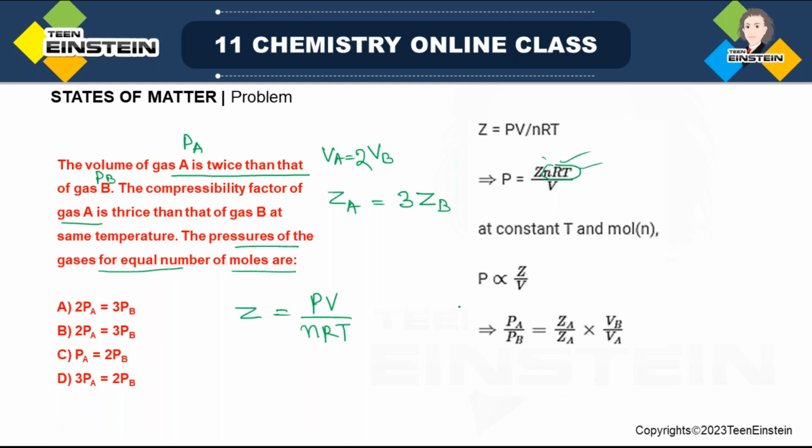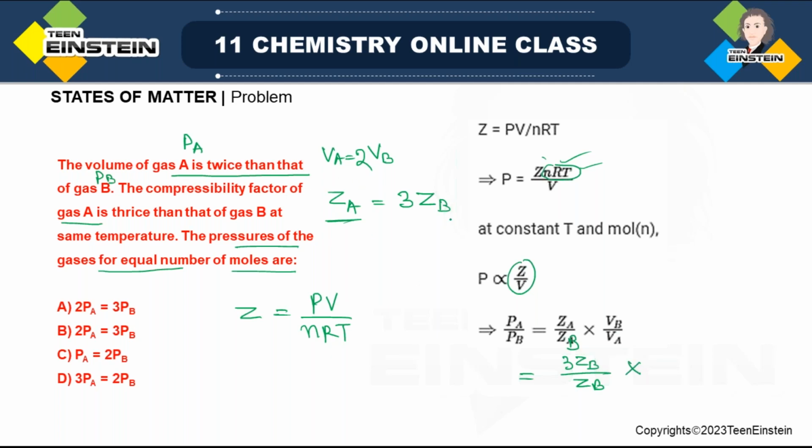If that is the case, we can write that pressure is directly related to the ratio Z by V. So for the ratio PA by PB, it will be ZA by ZB into VB by VA. Now if you put the value, in place of ZA you can write 3ZB, divided by ZB.